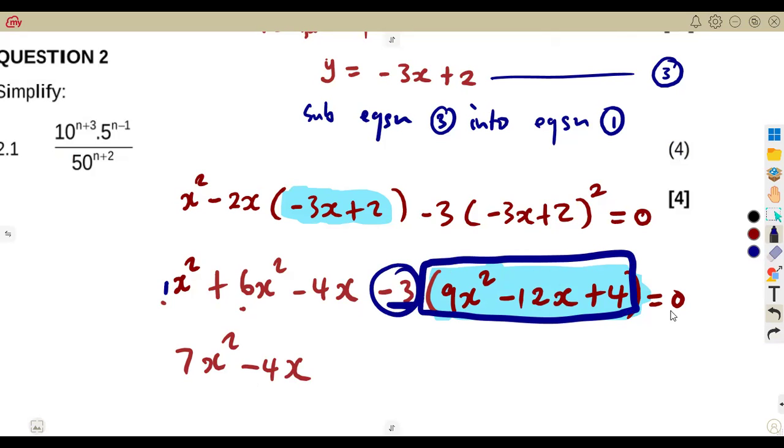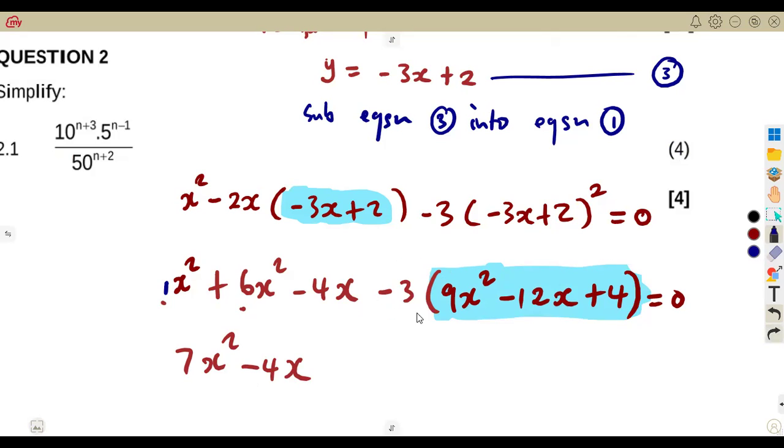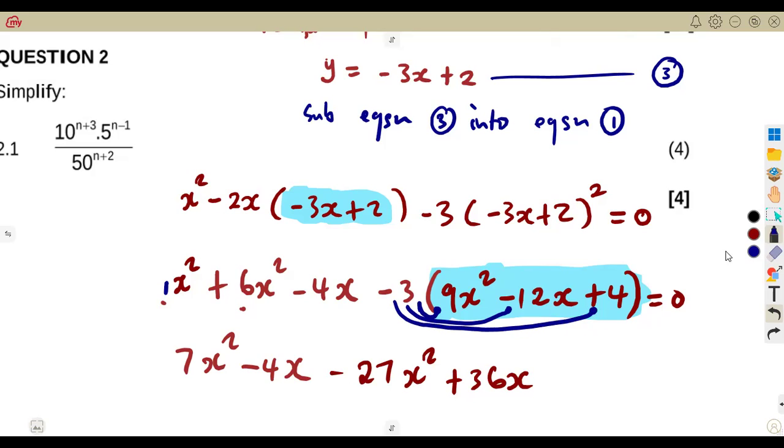The minus 3 is the one that is expanding every term, negative 3 times 9, which is going to be negative 27x squared. We do the same thing, negative 3 and negative 12, that will be positive 36x. The same thing, negative 3 and positive 4, that's negative 12.